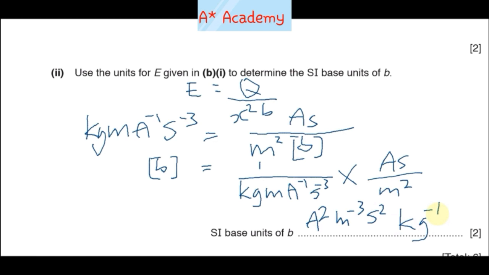Those are the units for B. That's what we get right there.